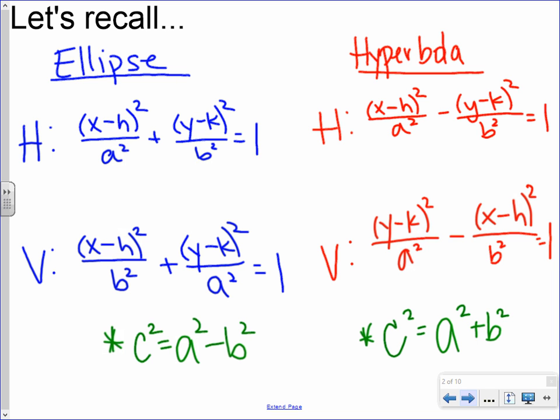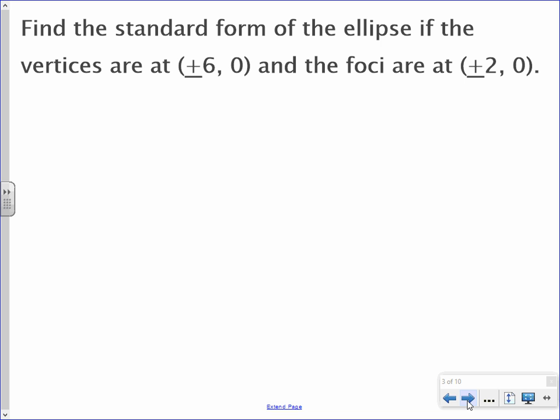All right, so we're going to start with an elliptical example. Okay, go ahead and write down that A, we have an ellipse. B, we have vertices at plus or minus 6, 0. And our foci are at plus or minus 2, 0.